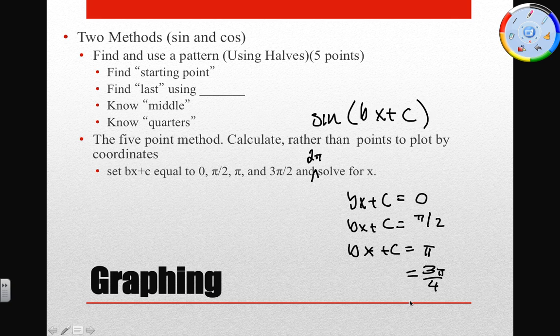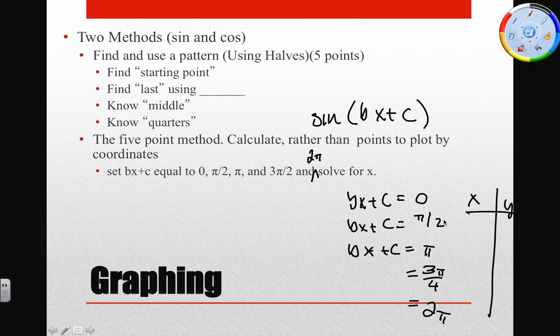Once you get those x values from this, you can create a table. Those x values go there, and you just plug it in to find the y values, and that will work every single time, and you don't really have to think too hard. You just do these simple calculations, use your x values, and find y values.